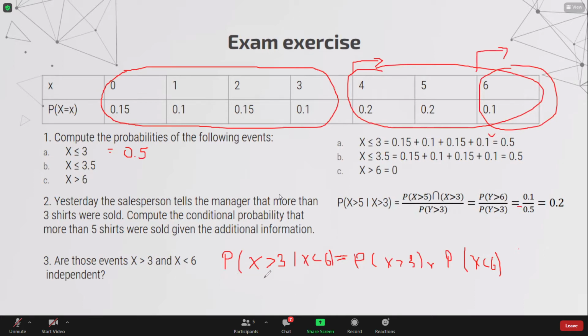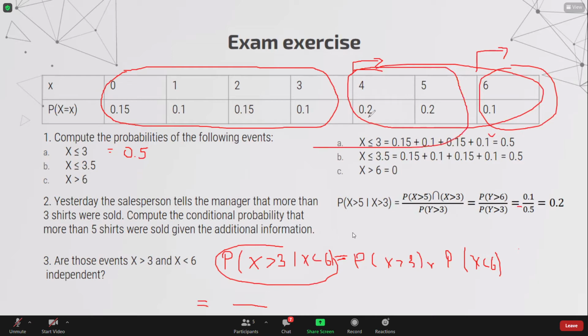Firstly, we need to have a look at here. X being more than 3, given X is less than 6, would equal the intersection between those two, being more than 3, which is that part here, 4, 5, and 6, and less than 6, which would be everything but 6.